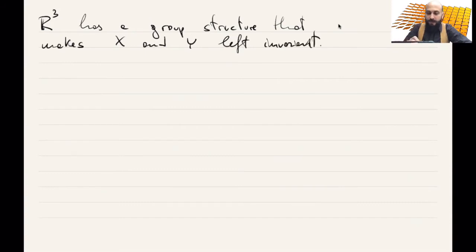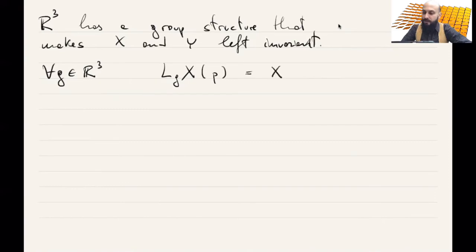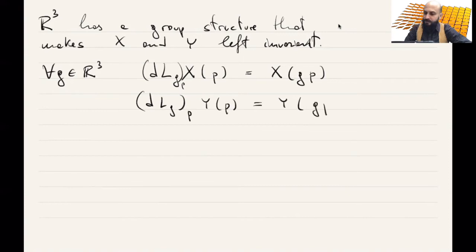We already did this calculation, and we know that this means that for every element of this group, if I left translate the vector field and then I evaluate at a point, then I exactly have the vector field evaluated at the left translation of that point. So maybe it's better to put here the differential of the translation at the point P. The analog for Y: the left translation of Y at P is equal to Y at the left translated point.